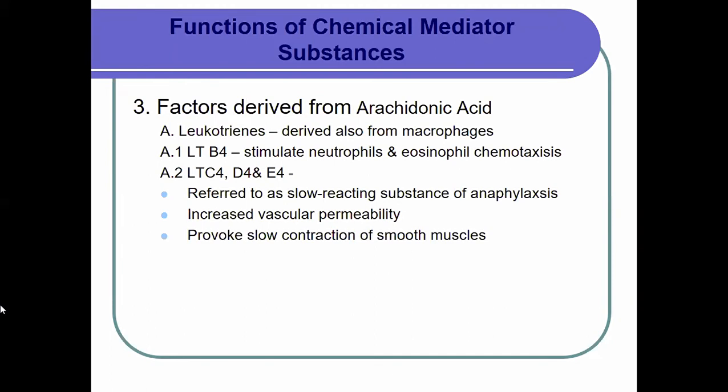Then we have leukotriene C4, D4, and E4. So this is referred to as your SRS-A or the slow reacting substances of anaphylaxis. It can cause increased vascular permeability and provoke slow contraction of smooth muscles.